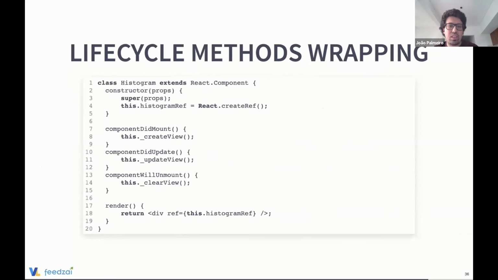It's basically the kind of skeleton that you follow for the component, what you call lifecycle methods wrapping. First of all, we have the constructor, and in the end we have the render that returns just a div. To separate the things that are more Vega specific from the ones that are more React specific, we mapped this out as a kind of internal API.